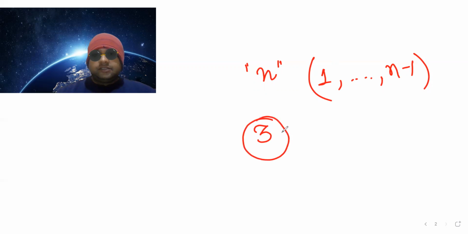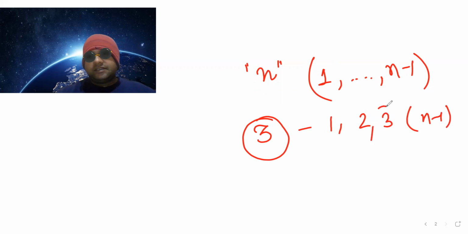Then 3 can only have remainders 1 and 2. If the number is 3, how many different remainders are possible? N minus 1, because the moment the next 3 comes, it becomes completely divisible by 3.